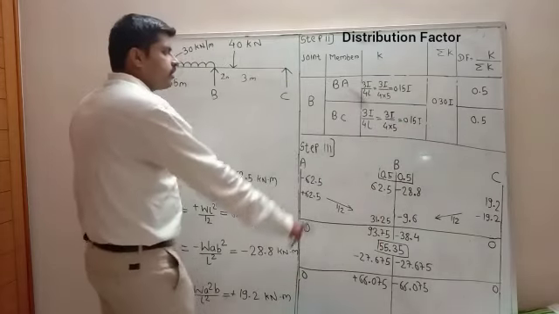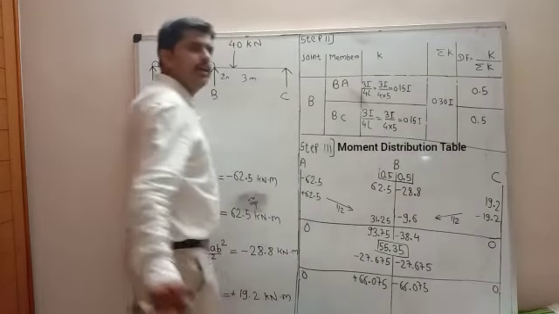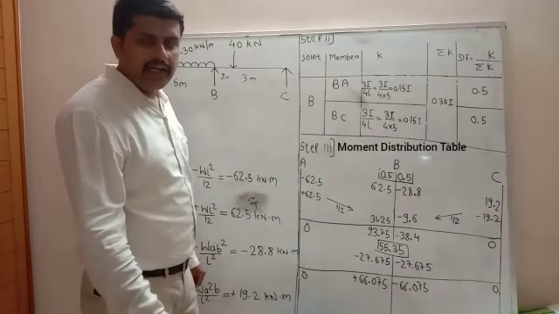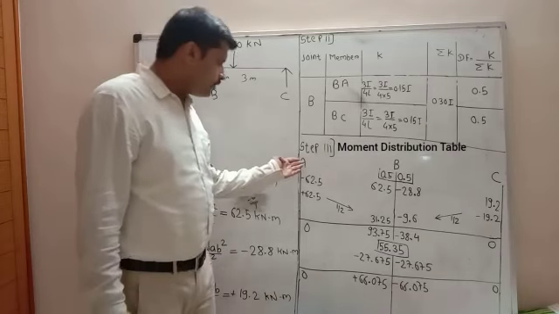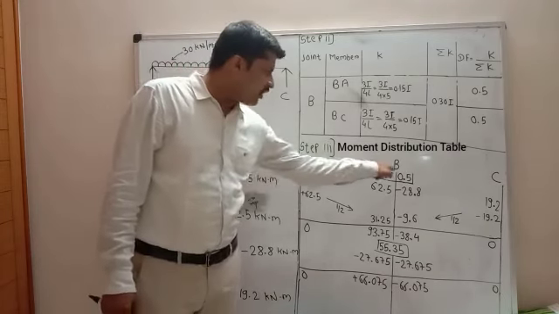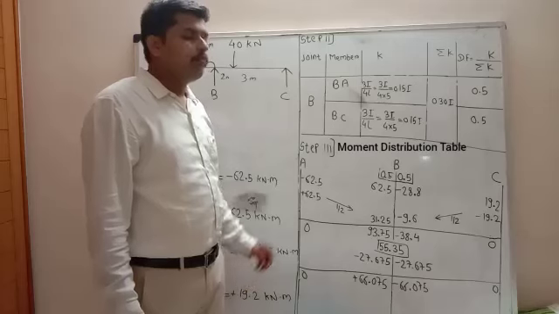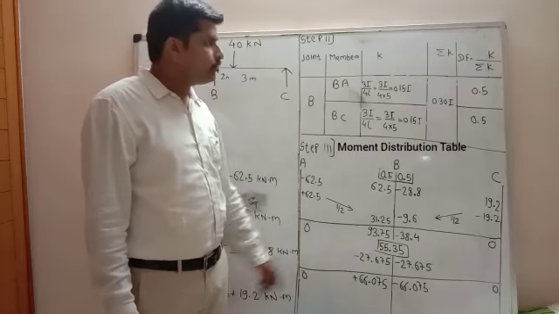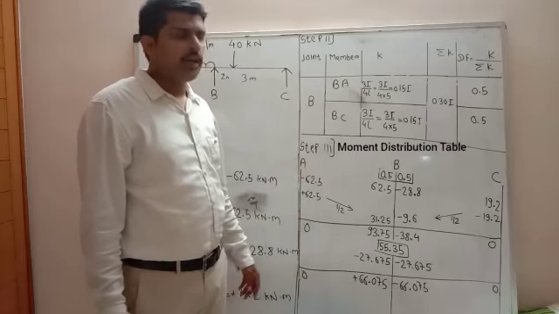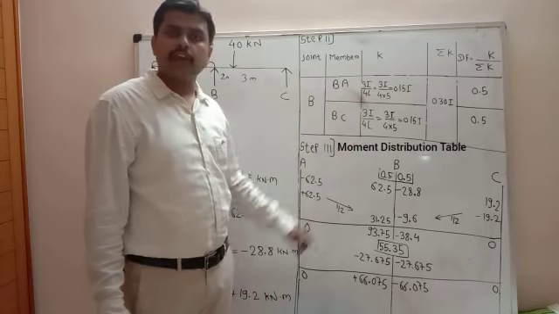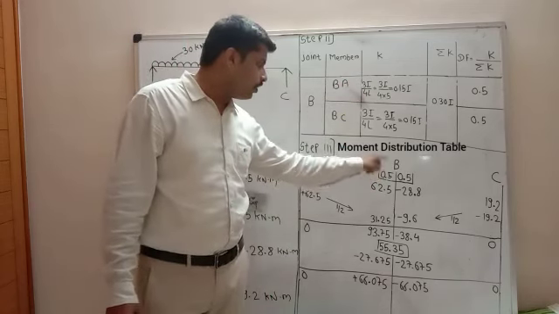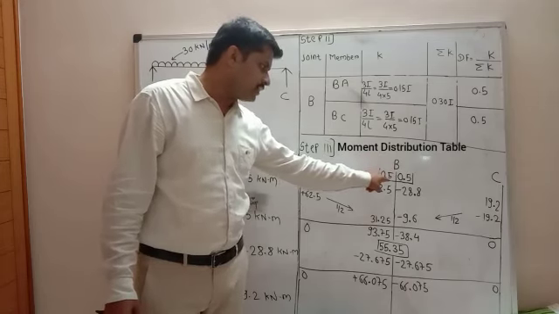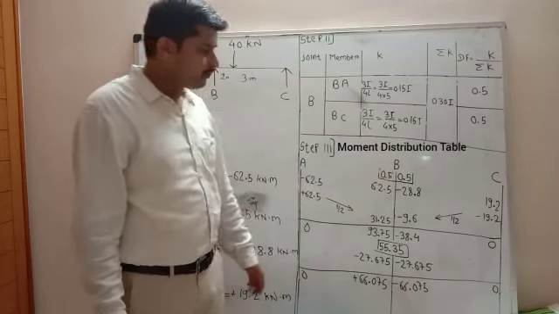Now, our step number 3 will be to write the moment distribution table. So write down all the joints, joint A, joint B, joint C. Below that, write down distribution factor. Here, the distribution factor is only for joint B. So I am writing only below joint B, that is 0.5 and 0.5.